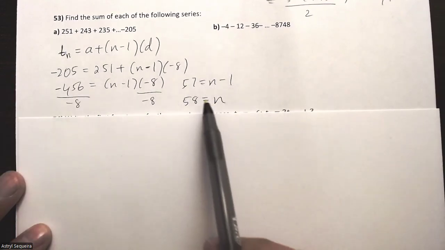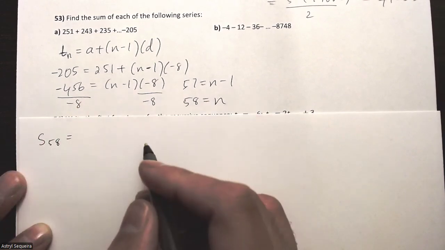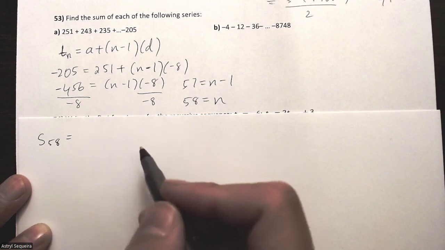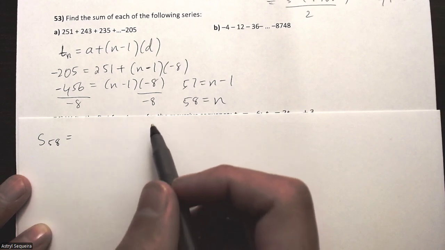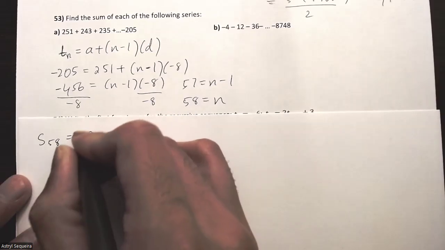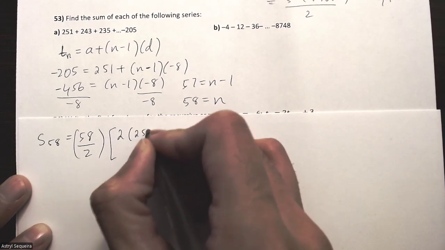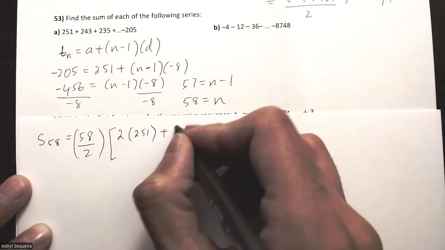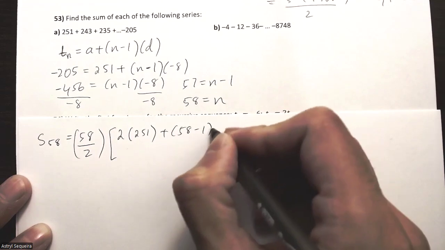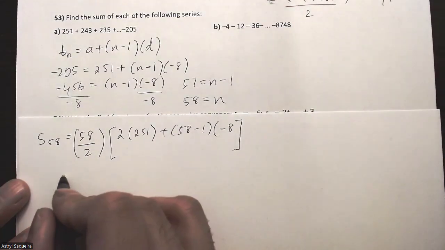So now I need to find the sum of this entire series. I know there's 58 terms in it, so I'm trying to find S58. And this is just my sum of series formula for arithmetic series, which is n over 2 times 2a plus n minus 1 times d. Then I just have to calculate this.